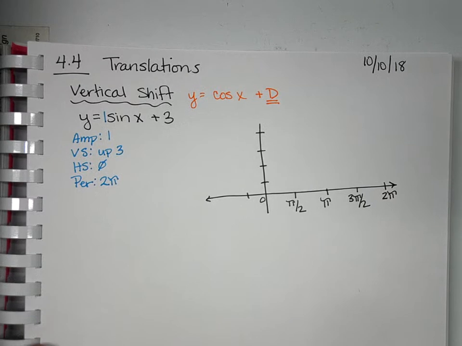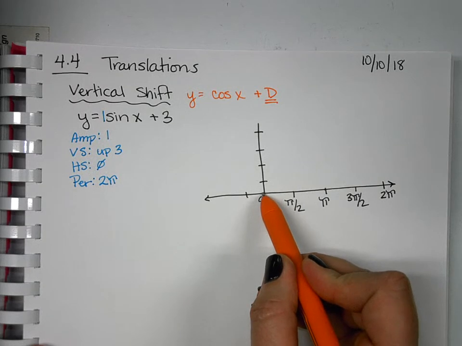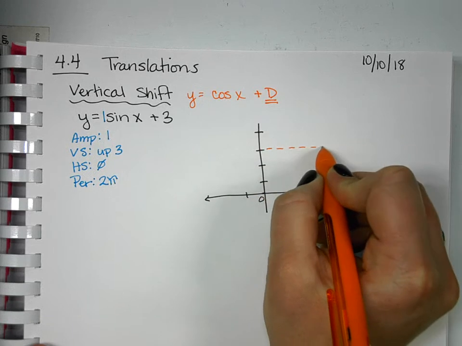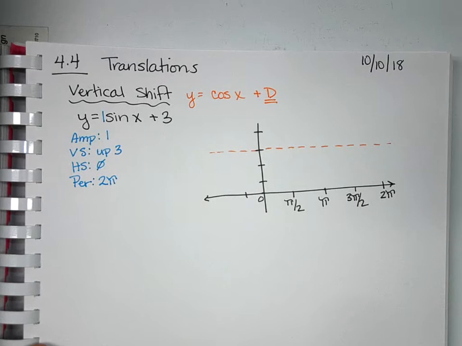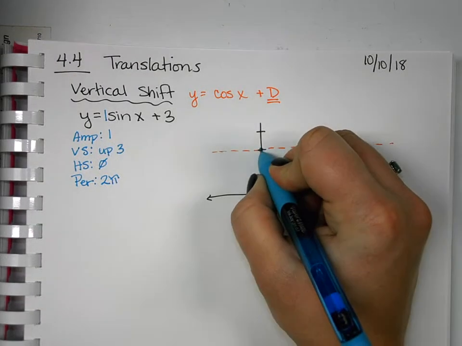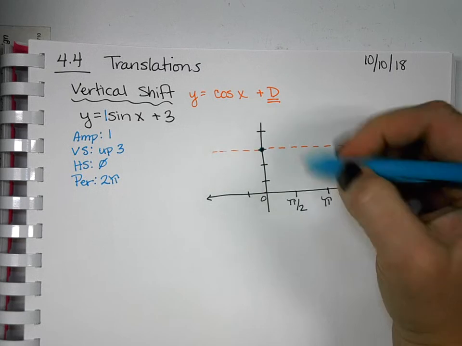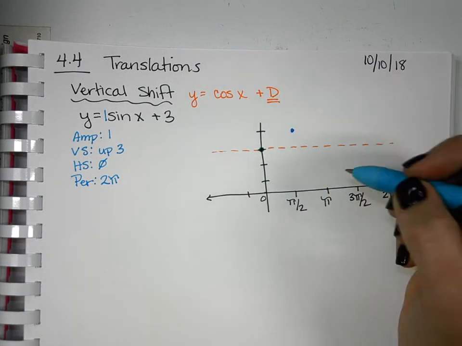And so what we're going to start with is our vertical shift. Normally we would start off at 0, but we're shifting up 3. So instead of starting at 0, I'm making my new horizontal axis, or my new middle line, right here, shifted up 3. When I go to draw my points, I'm going to start here at my new 0, and I know I have an amplitude of 1, so at pi over 2 I'm going to be 1 above that line.